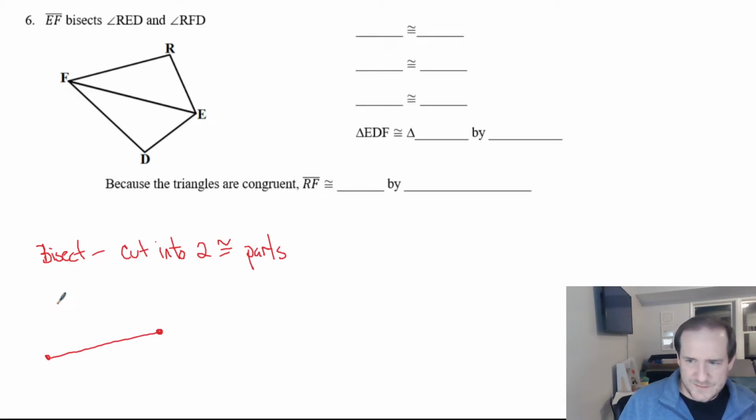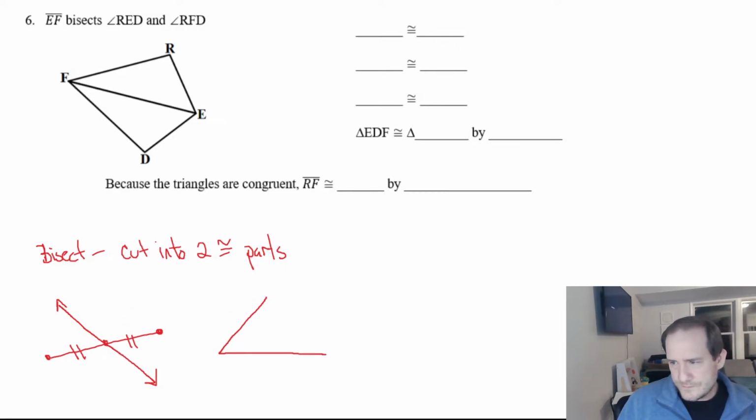If you had a line segment and they told you that some line was bisecting it, then you would know that these two halves of the segment were congruent. But you can also bisect an angle. And you guys know that. You've actually constructed angle bisectors with your straight edges and compass. If I told you you had an angle and some other line segment was bisecting it, then you would know that the two halves of the angle are congruent, right?